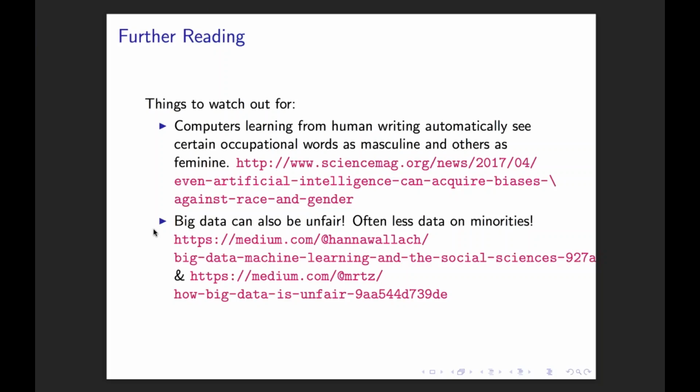If somebody is less likely to occur in your data because they're an ethnic minority, or they're just less likely to talk, they're more introverted, stuff like that, then by including just more data, you might not actually end up with a data set that has enough power to actually represent what it is that you want to learn about them.